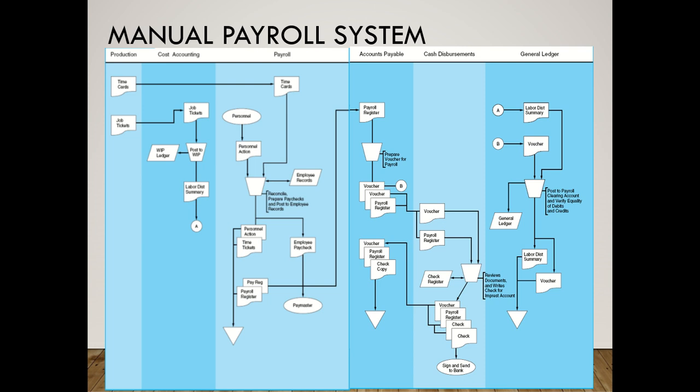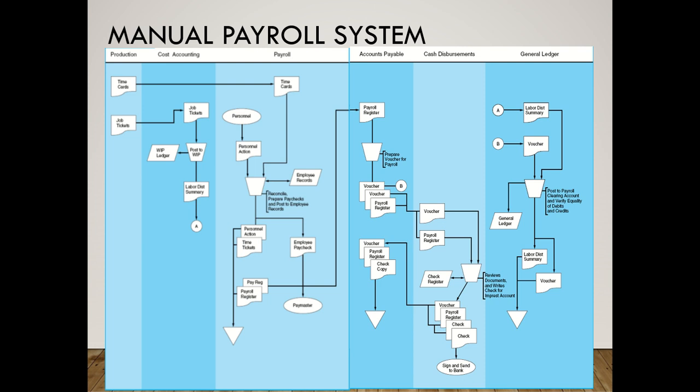The time cards will be forwarded from production to payroll. The job tickets prepared under production will go to cost accounting for allocation as discussed earlier. Then payroll will use the time cards to prepare the paychecks after it reconciles the employee records.